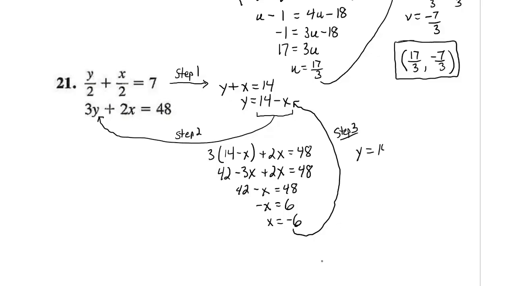Y equals 14 minus, what was the number that we were going to put in for the x? Negative 6. So this is y equals 14 plus 6, which makes 20. Our ordered pair is negative 6, comma 20.